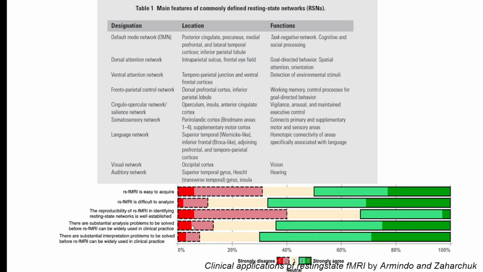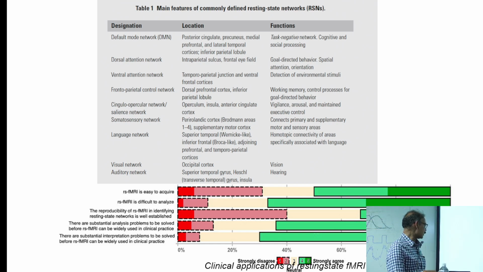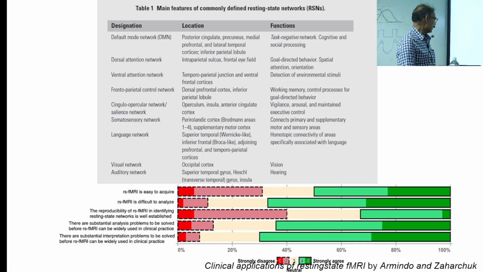They did a survey of 68 clinicians, who rated statements, where a rating of 1 to 2 means, for example, that resting state is easy to acquire. About half said it's very easy to acquire, and maybe a third said not at all, maybe depending on whether the subject should have their eyes open or eyes closed.